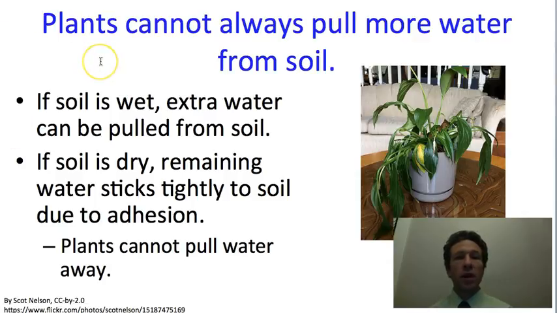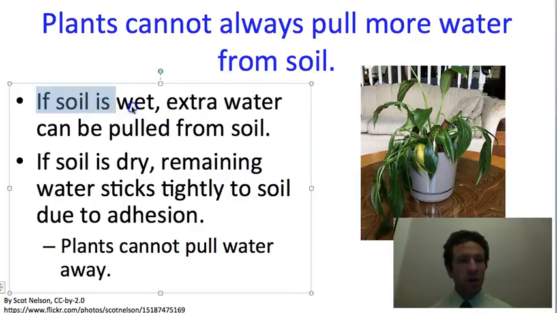So usually in at least well-watered plants, they will be able to pull water from the soil because there's an abundance of water there. But that's not always the case. If soil is wet, then the water that leaves by transpiration and then all of the water that gets pulled from the roots gets replaced with this soil water.